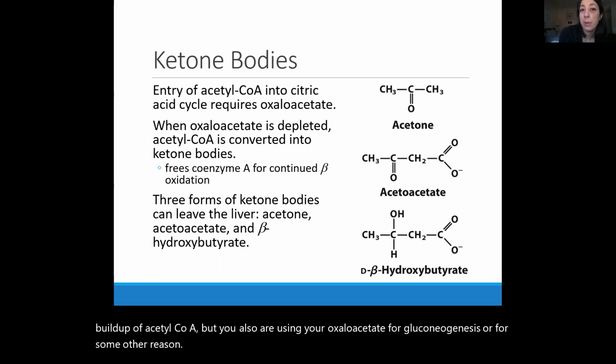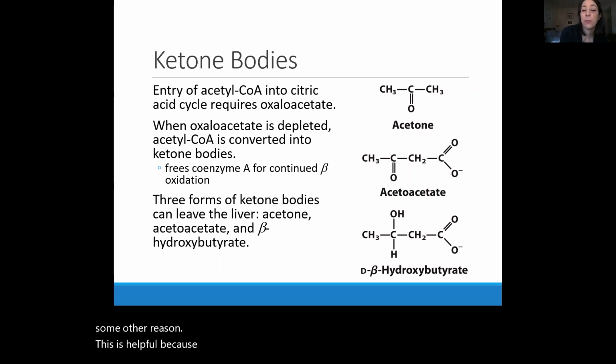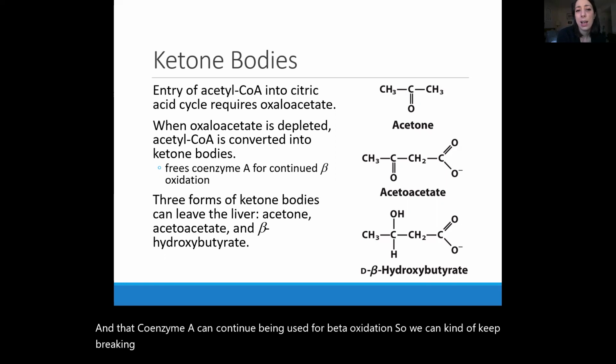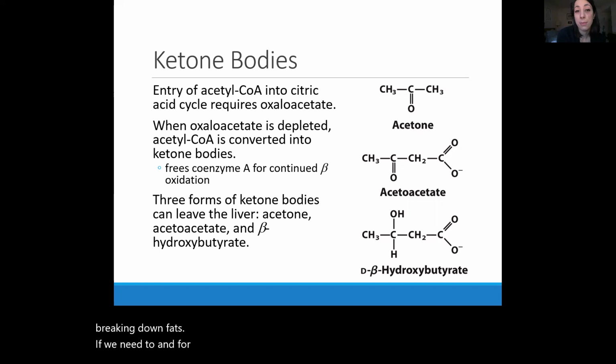This is helpful because it is going to free up all of the coenzyme A, and that coenzyme A can continue being used for beta oxidation. So we can keep breaking down fats if we need to. And for the interim, we can store that acetyl-CoA in these ketone bodies.